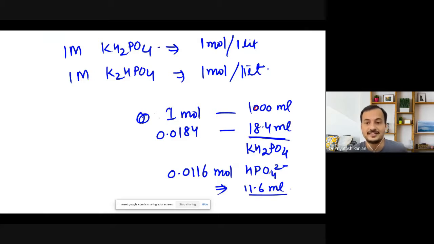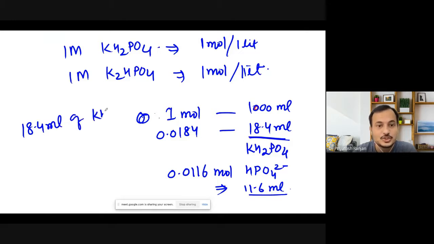So I need to summarize it. What I need to do is take 18.4 ml of 1 molar KH2PO4 solution.